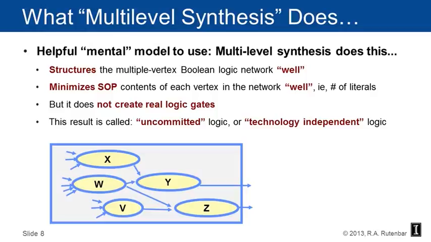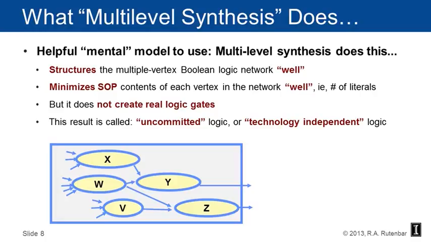So, it's helpful to introduce what I'm just referring to as a mental model, a kind of conceptual way of thinking about what multi-level synthesis does. It structures the multiple vertex Boolean logic network well. What does well mean? It means that the number of bubbles, the structure of the bubbles, the number of layers of bubbles between the input and the output, the complexity of the logic inside each of the bubbles, is pretty good.